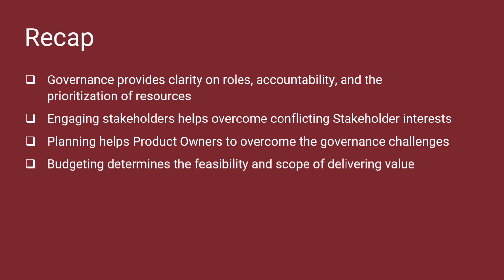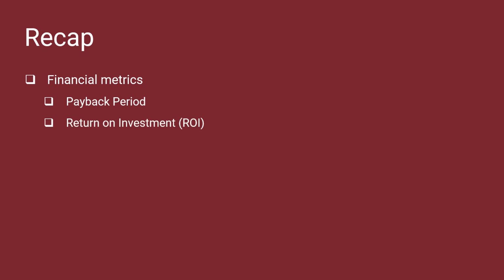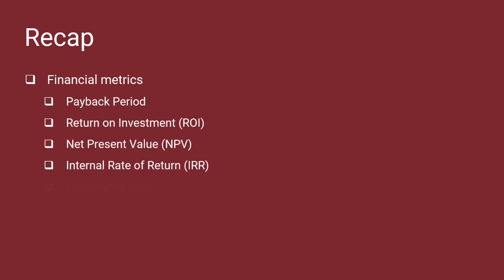You also learned that budgeting determines the feasibility and scope of delivering value. Finally, you learned that performing a cost or benefit analysis and presenting the key financial metrics to the management helps attain required backlog funding. These metrics include payback period, return on investment, net present value, internal rate of return, and opportunity cost.